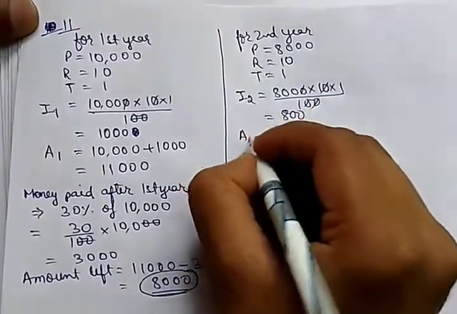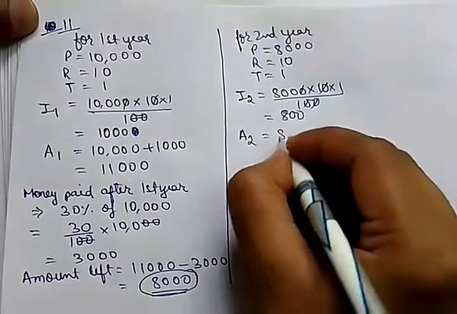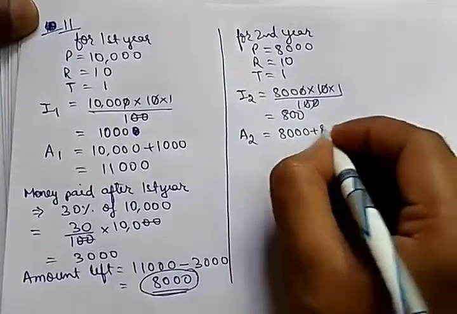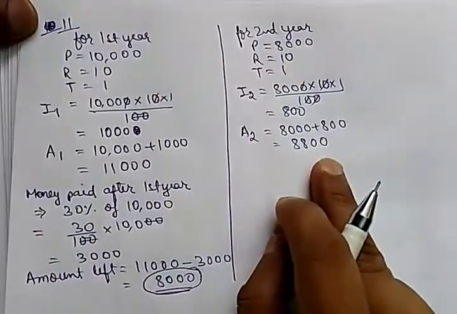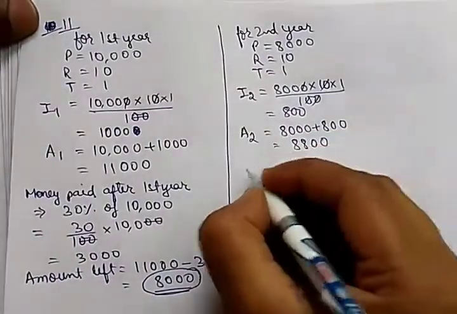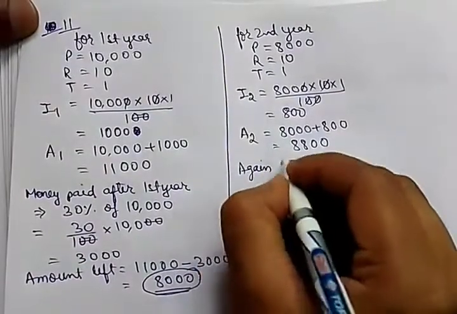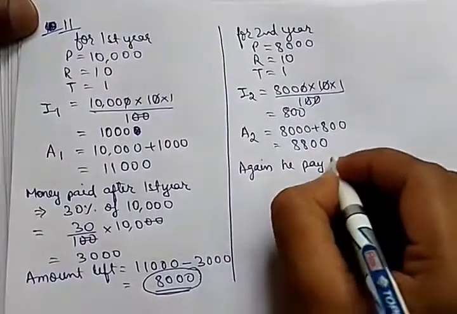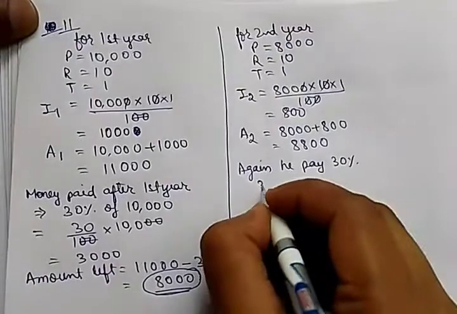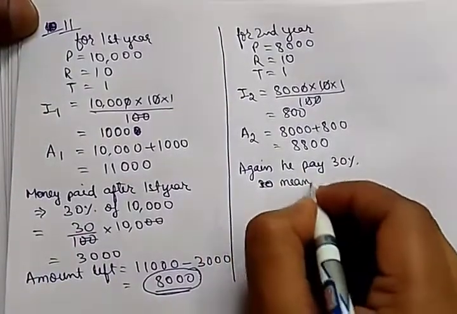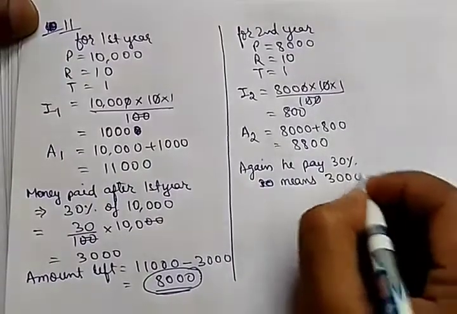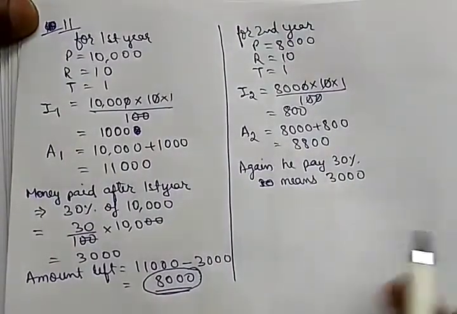So the amount at the end of this second year, that is 8,000 plus 800, that is 8,800. Again he pays 30%, means 30% of 10,000, that is 3,000.